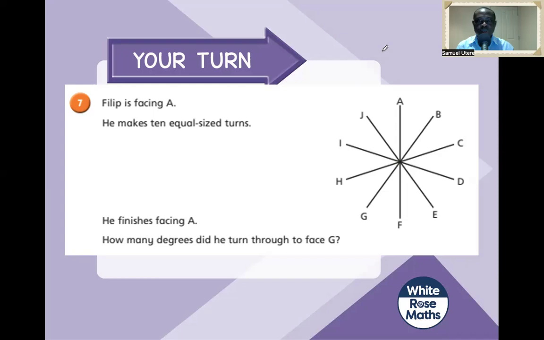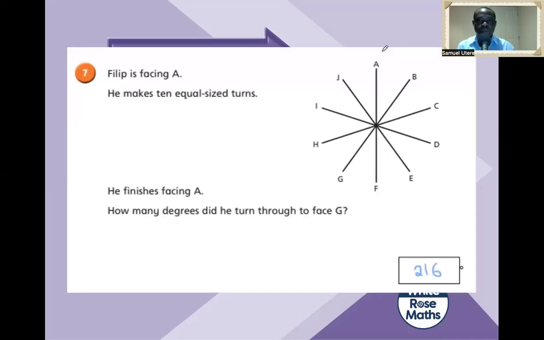Assuming you've paused the video and you've answered the question, here is the answer. So question 7, you're asked, Philip is facing A. So you can see A right there. He makes 10 equal sized turns. He finishes facing A. How many degrees did he turn through to face G?